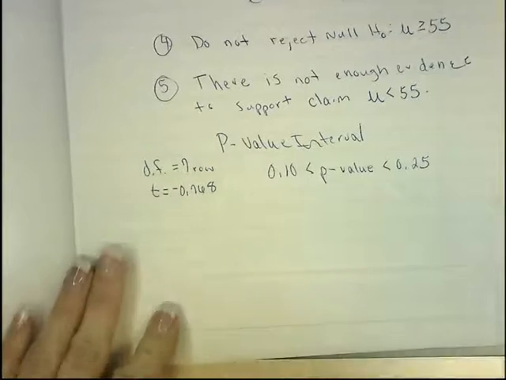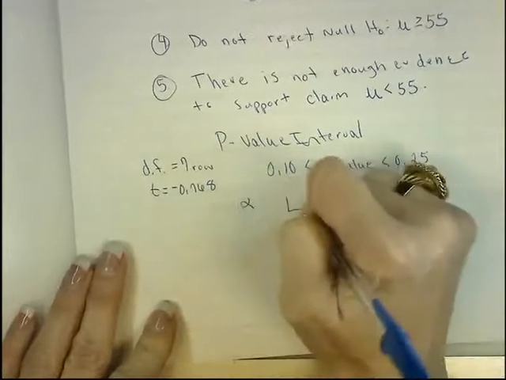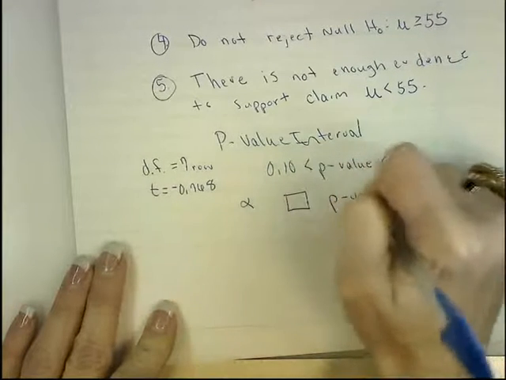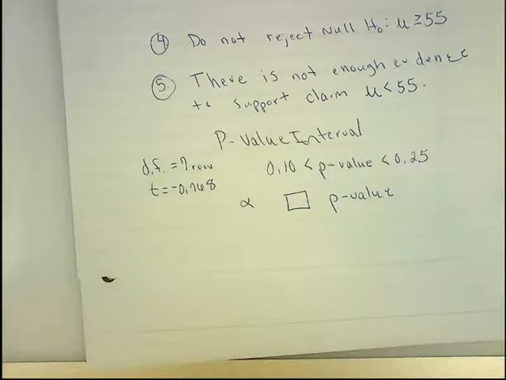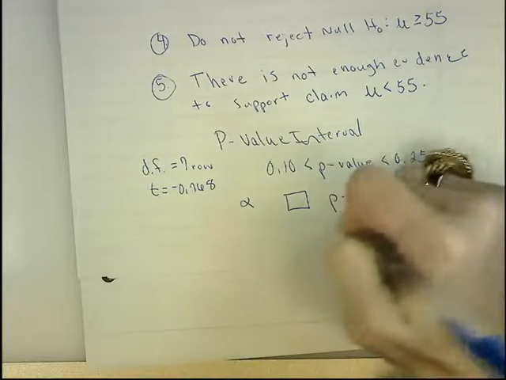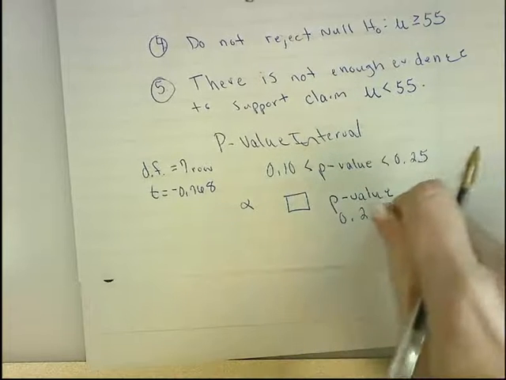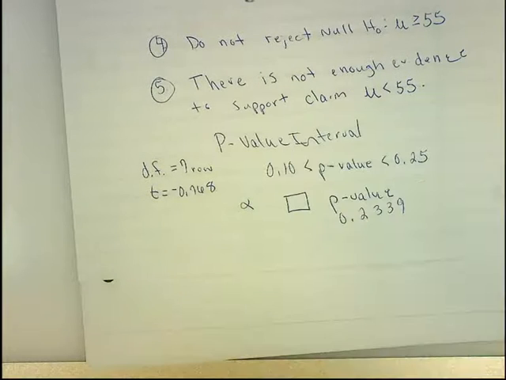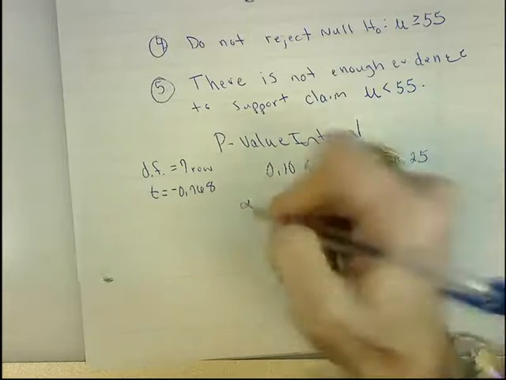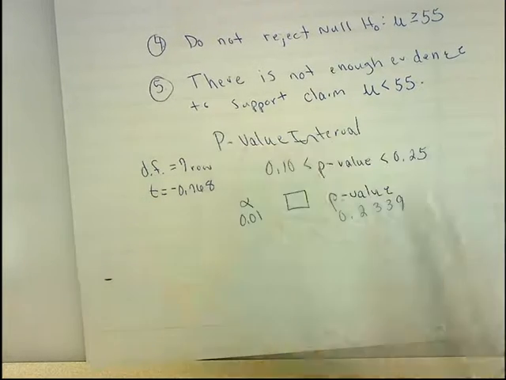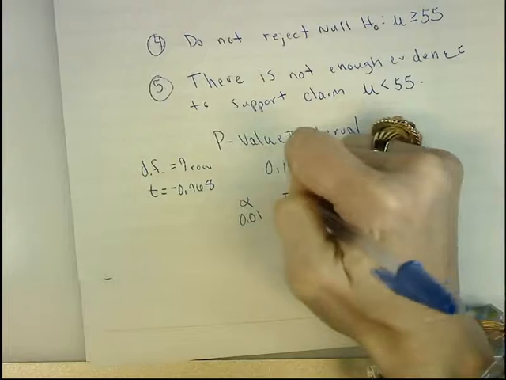That means when you take your alpha box p-value, and the p-value by calculator, by the way, was given to be 0.2339, you'll see that this p-value falls in that p-value interval that I'm asking for. The alpha was given to be 0.01, and therefore it's smaller.